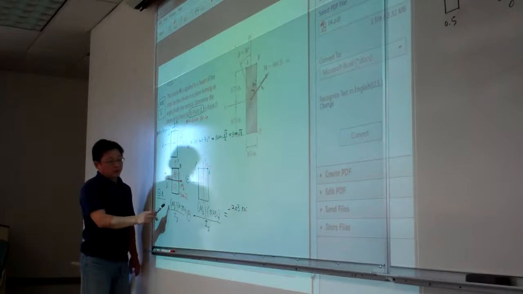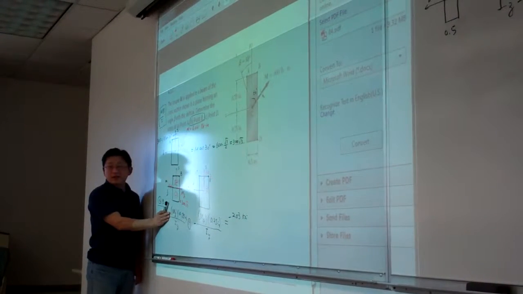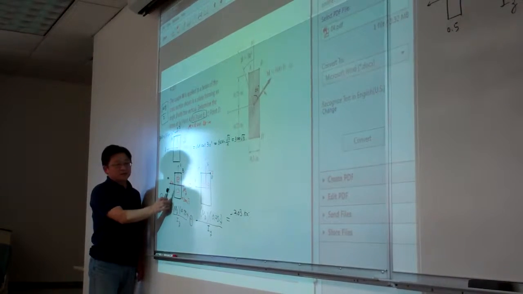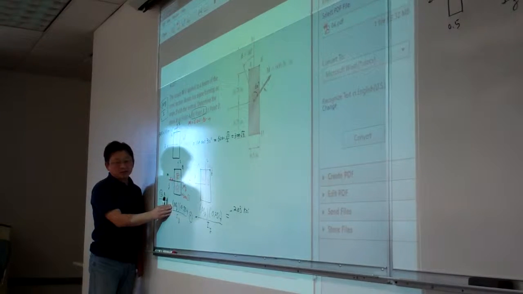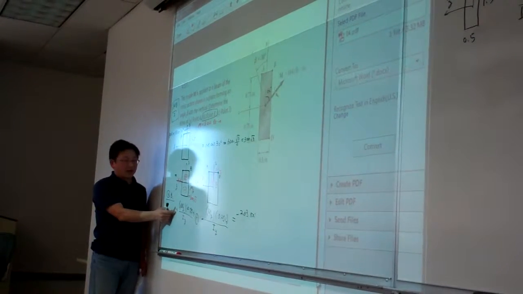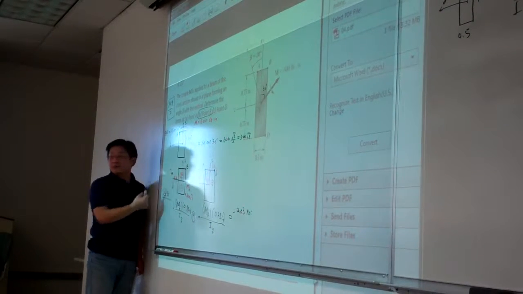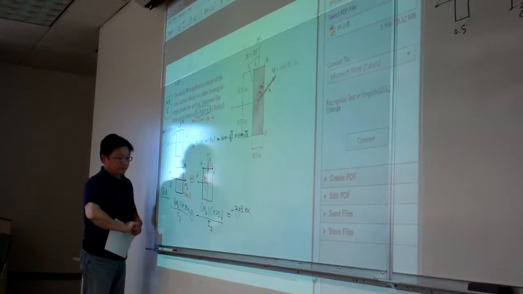I try to separate the calculation of the magnitude from telling the sign. Telling the sign is from here. So when we talk about the magnitude calculation, you take everything as positive. For the sign, we can justify by their location. Okay? And that number is correct. Thank you.